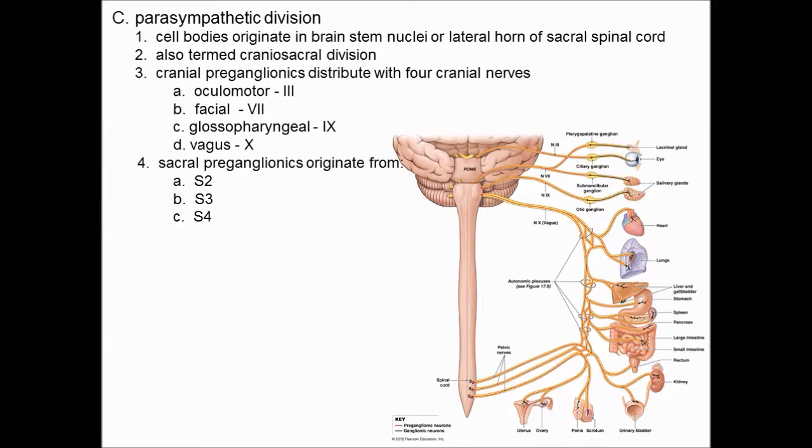The cranial preganglionics that carry parasympathetic traffic are the oculomotor, shown here, the facial 7, shown there, the glossopharyngeal I mentioned before, number 9, and the vagus. And the vagus is really important, tremendous amount of traffic through there. And then S2, S3, and S4 supply the parasympathetic input to the reproductive structures and to the urinary tract.